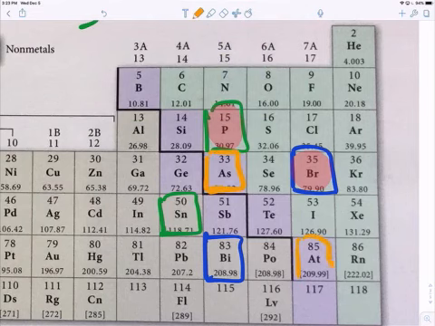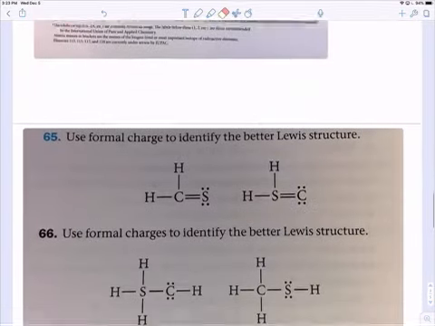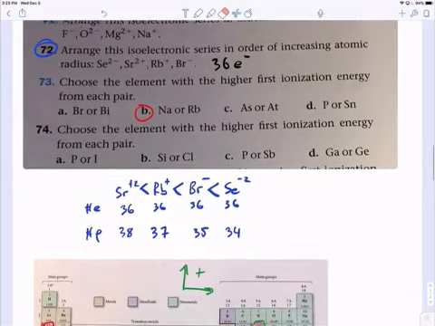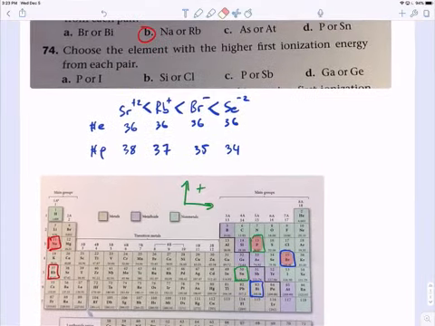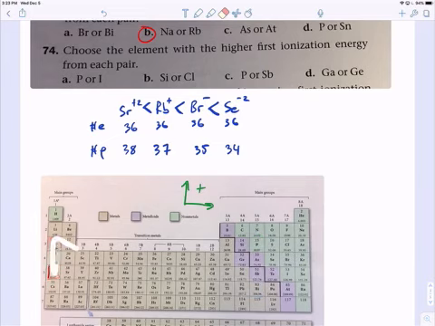The other one was astatine and arsenic, and this one's ambiguous. So that's not fair. Okay, so let me put some other ones. So I'll erase this and phosphorus.